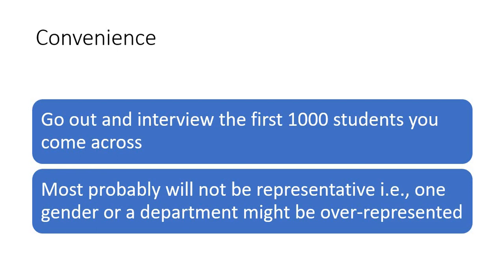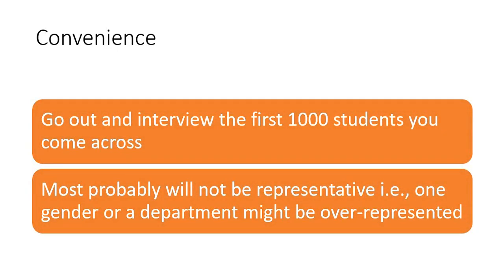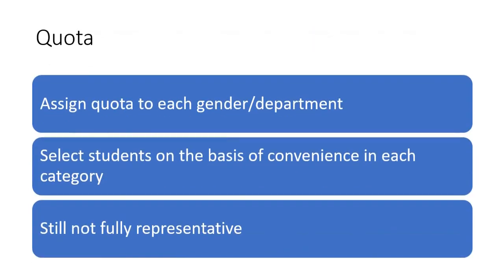So, the opinions of male students cannot be thought of as being representative of the female students. Our opinions from 3 departments might not be applicable to the other departments. So convenience sampling has obvious limitations.